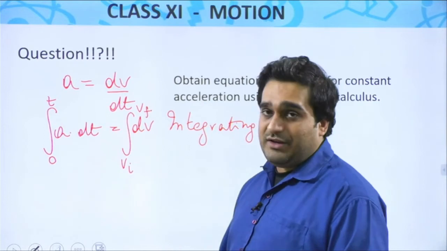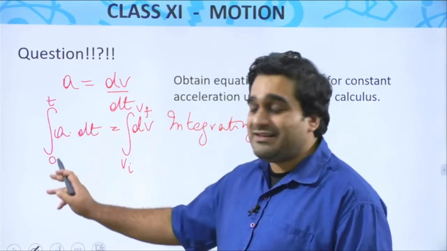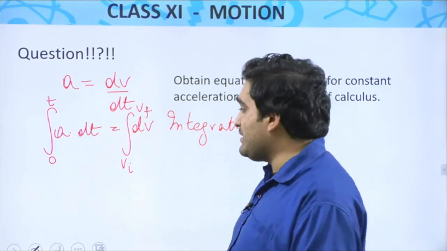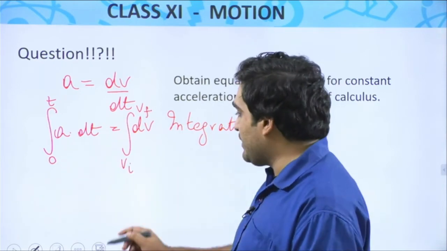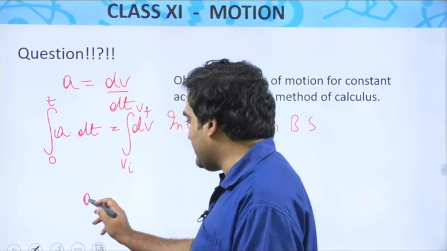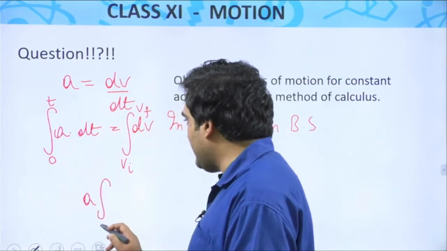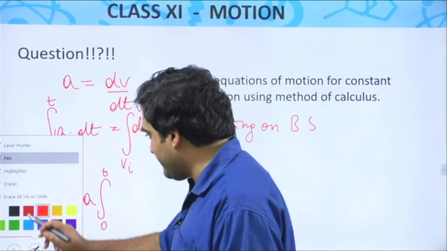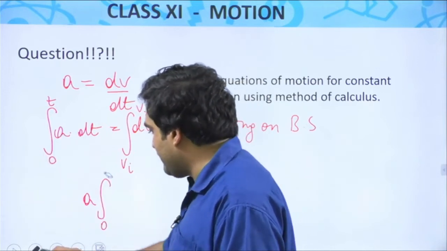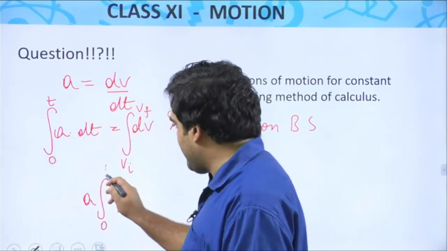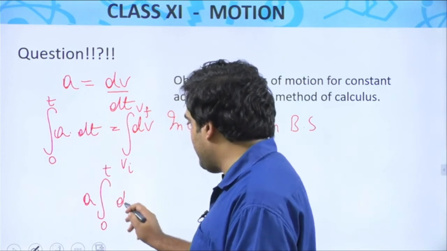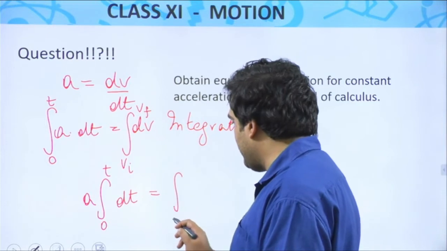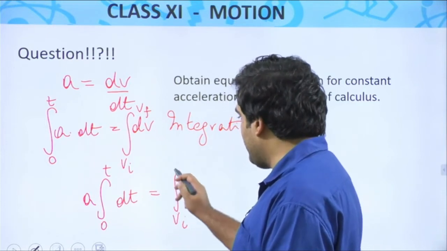Now that you have to integrate, you only integrate it with respect to time. So you do not consider a; this acceleration becomes a constant, so you can take that a outside, and you're integrating the left hand side with respect to dt, and on the right hand side you're integrating with respect to dv.